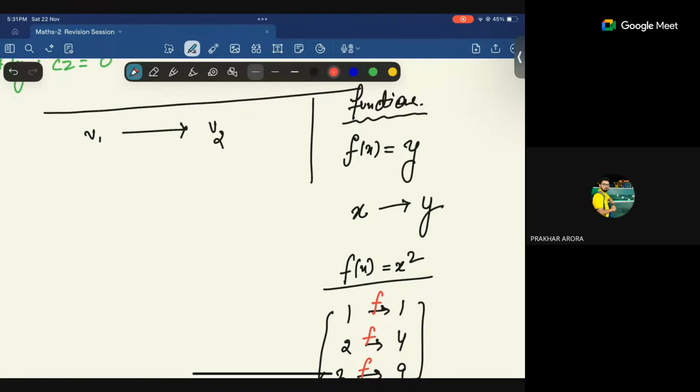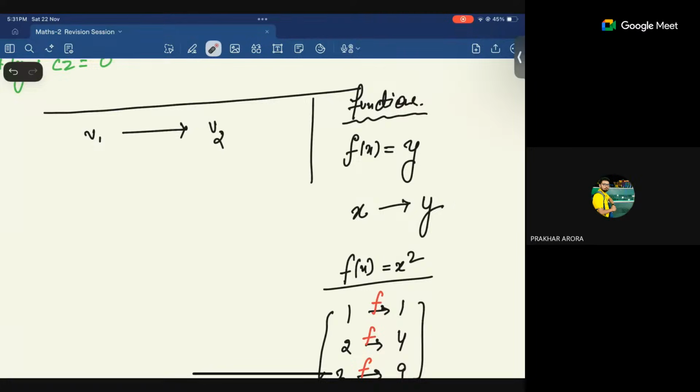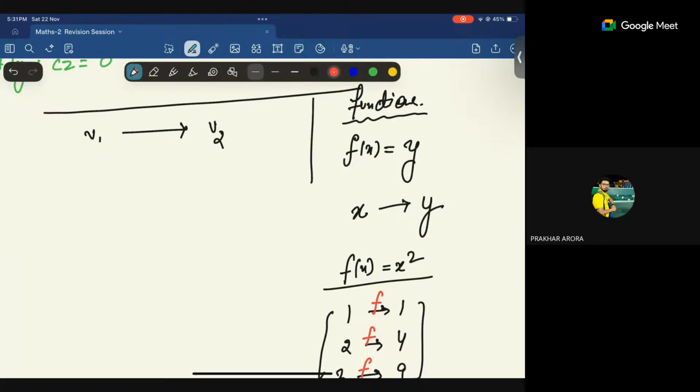Now let's start drawing the parallels between linear transformation and function. Here we have a function that transforms this variable. So what is it that we apply to this number, sorry, this vector, that changes it?